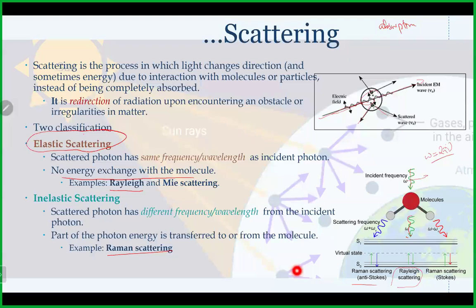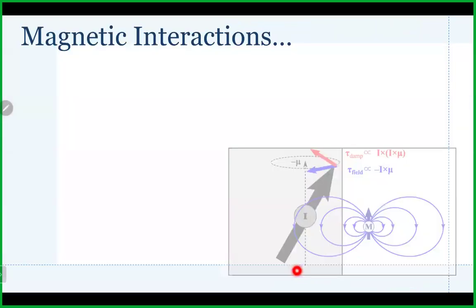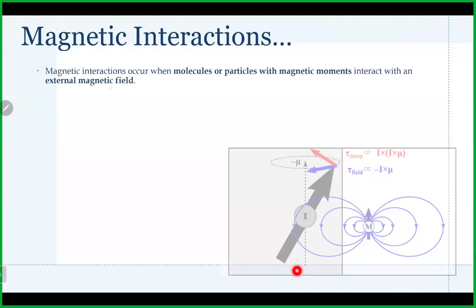The last interactions that are present are the magnetic interactions. So magnetic interactions are interactions that occur between particles with magnetic moments and an external magnetic field.